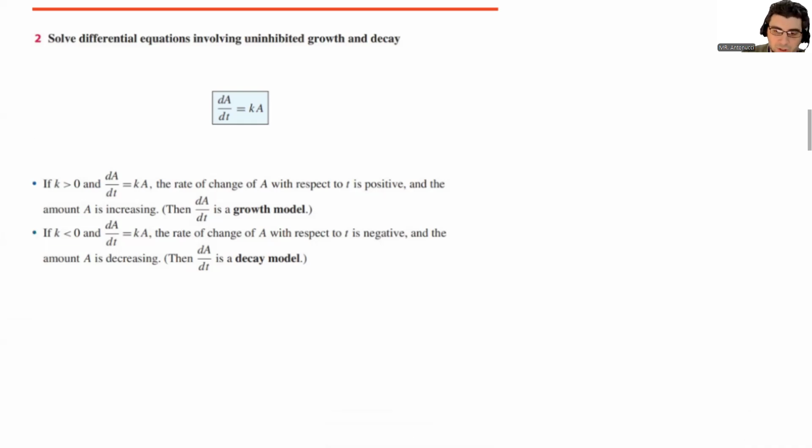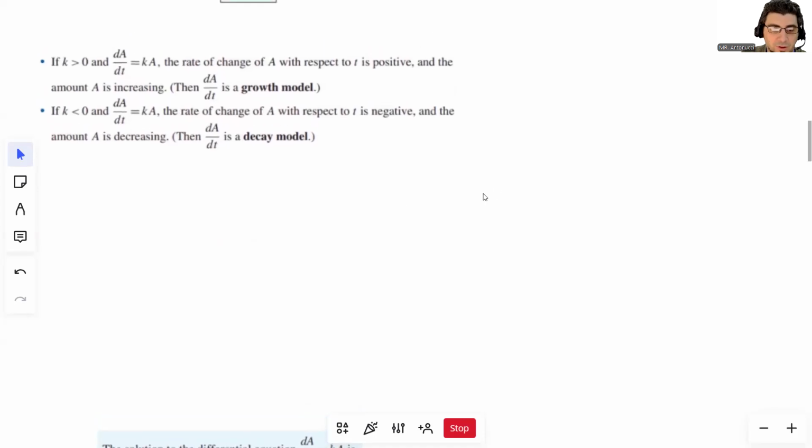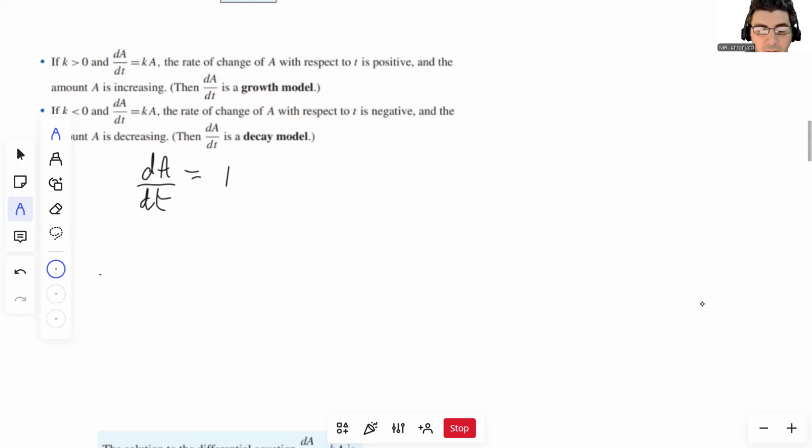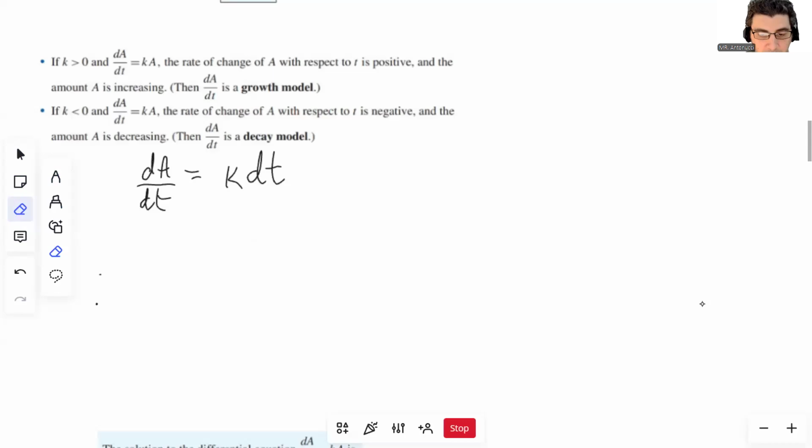So I want to just run through how to solve this differential equation with you really quickly. dA/dt equals kA. Notice, first of all, this is a separable differential equation. Oops, I accidentally wrote this wrong, it should have been kA.